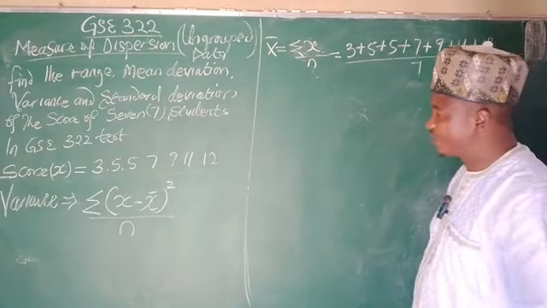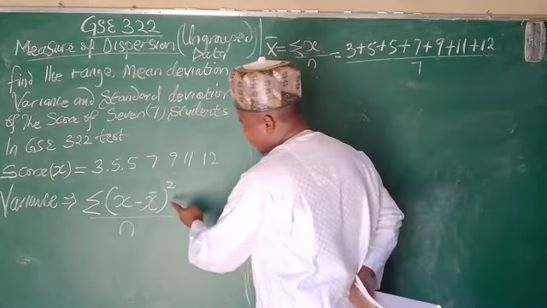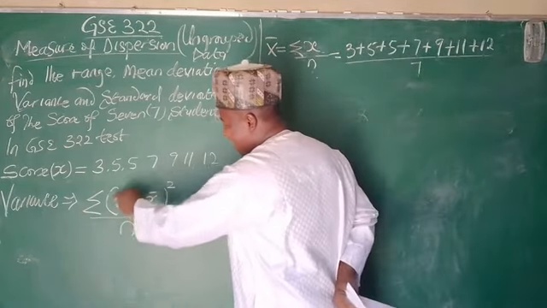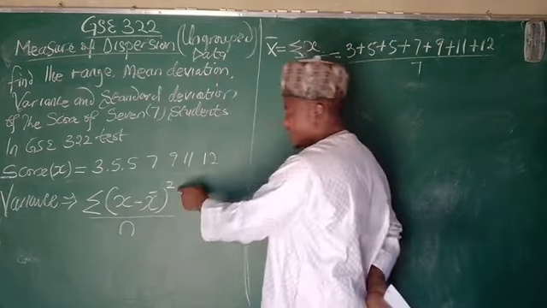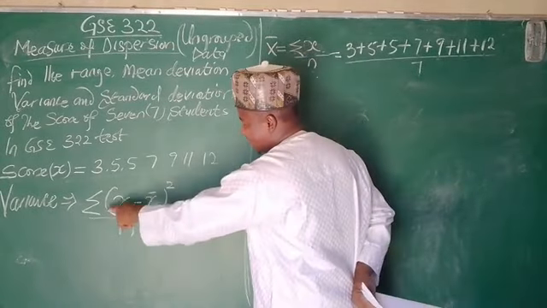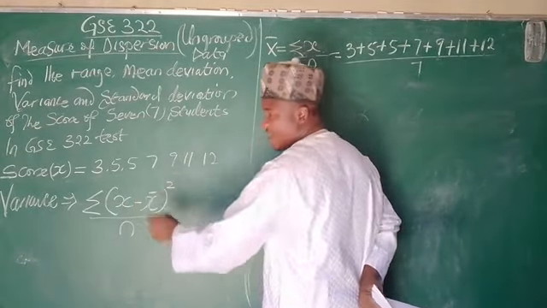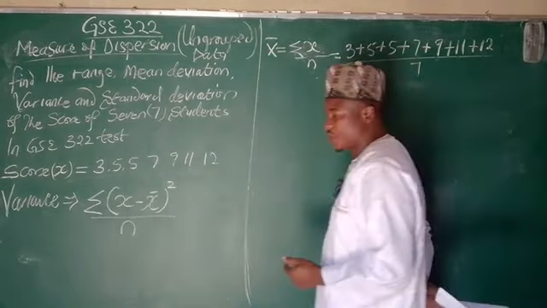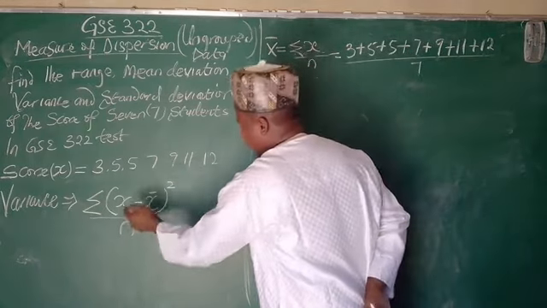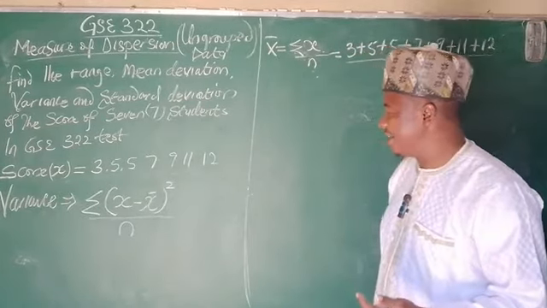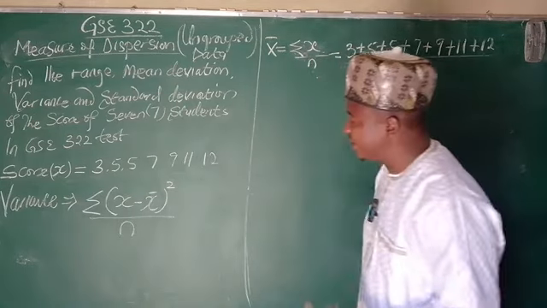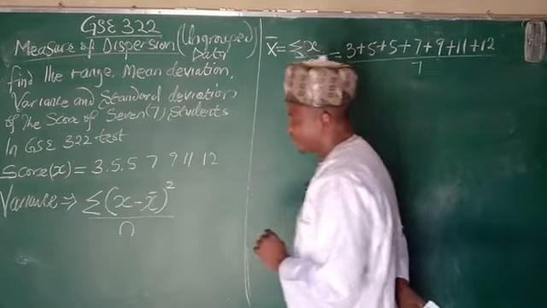Mind you, this formula is different from the formula of mean deviation. The mean deviation has absolute value and doesn't have a square, while in the case of variance, x minus x bar is enclosed in brackets and squared. This is the formula for finding the variance.